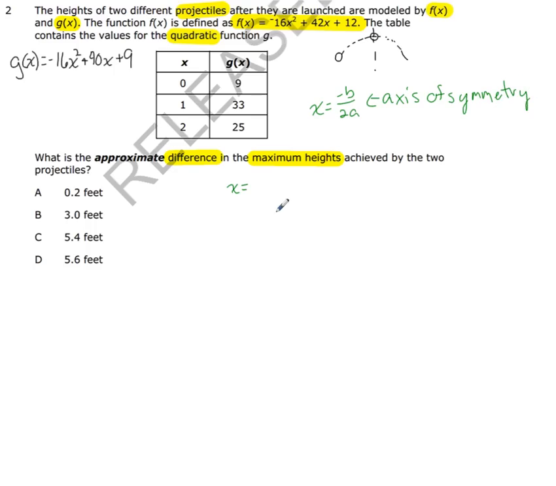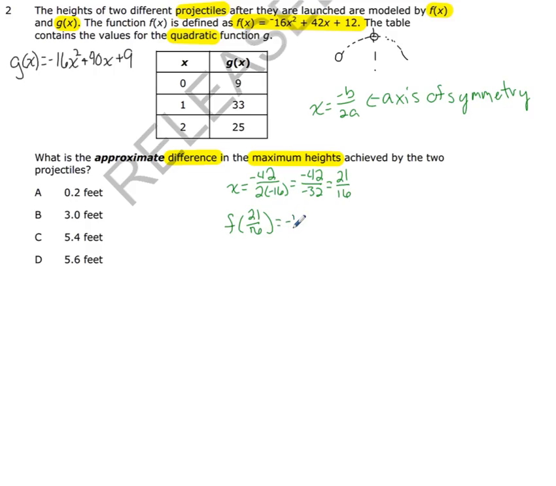All right, so we've got x equals the opposite of b, which in this case is -42, over 2 times a, which is -16. So that gives me -42 over -32. The top and the bottom are both divisible by 2, and it's negative over negative, so that's going to be 21 over 16. Then I plug that back into f, so we find f of 21 over 16.